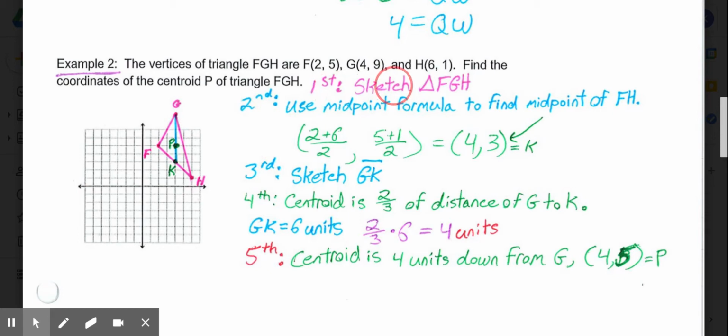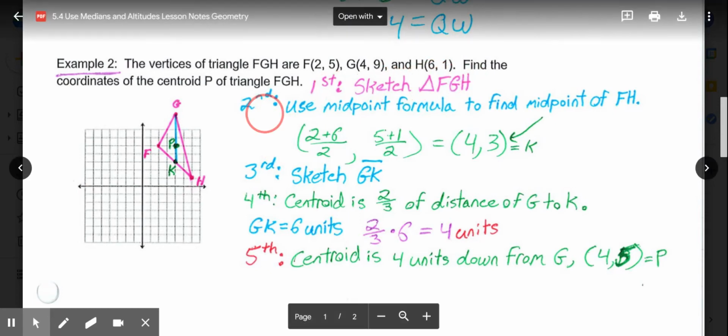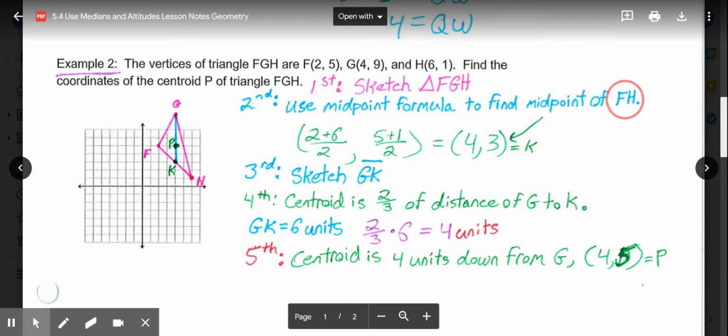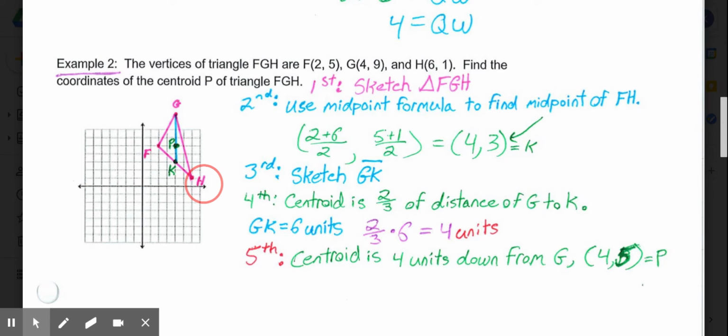So we're going to first sketch FGH. Then the second thing we're going to do is use the midpoint formula to find the midpoint of side FH. So we're going to use F and H and put it into the midpoint formula. So add the X values, divide by 2, add the Y values, divide by 2. So that tells me the midpoint of that segment is at (4, 3).